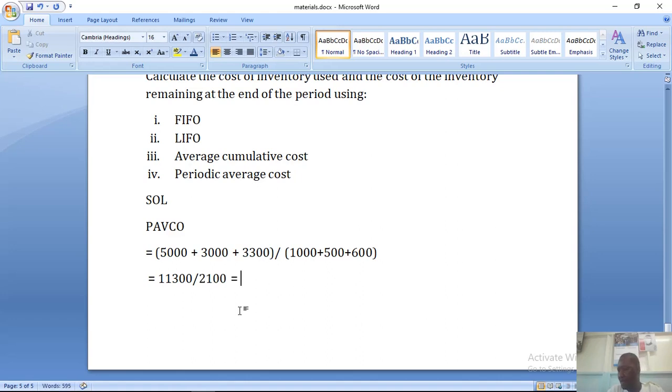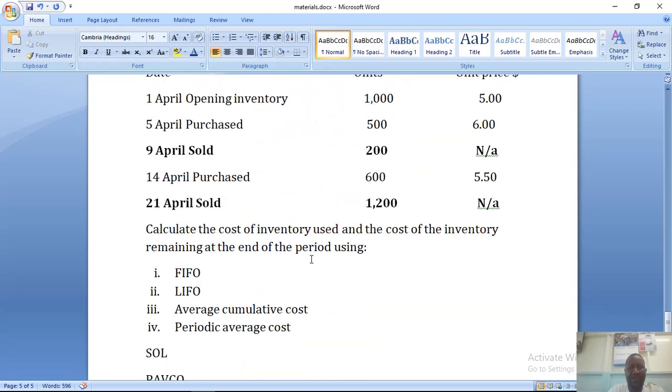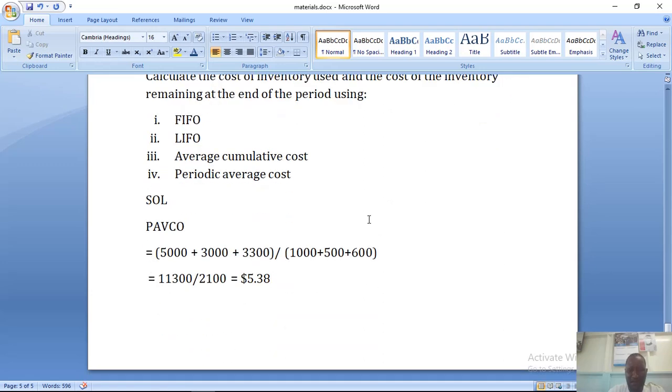So what's the average? The average is 5.38. So all issues will be done at 5.38. How many units are we issuing out? We are issuing out 1,400 units.